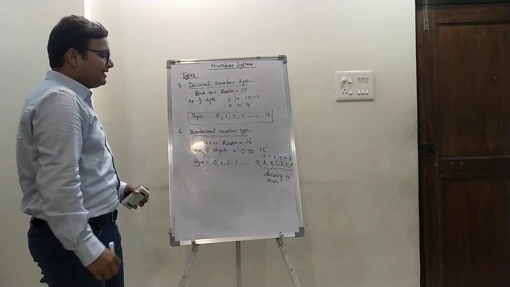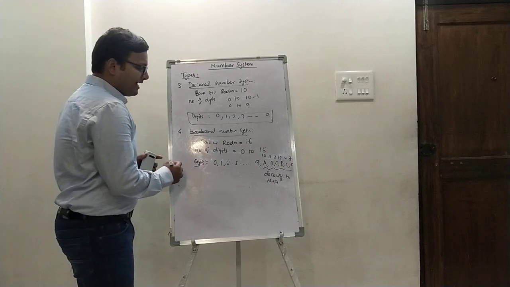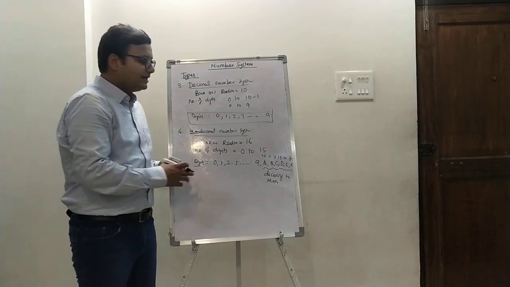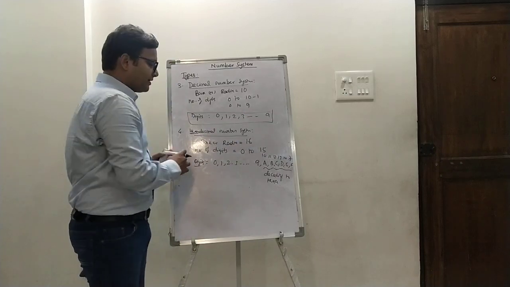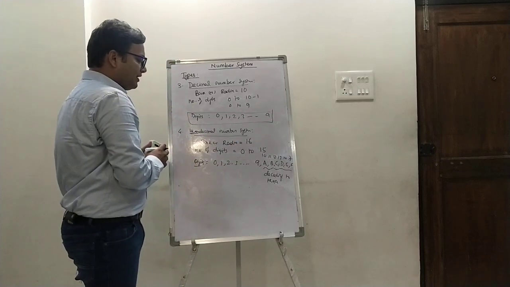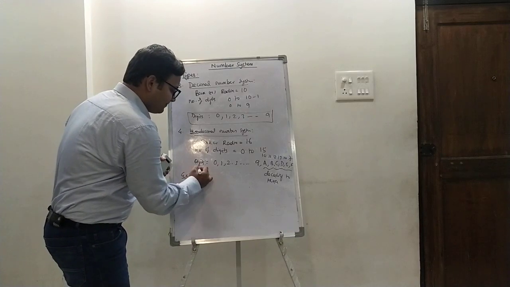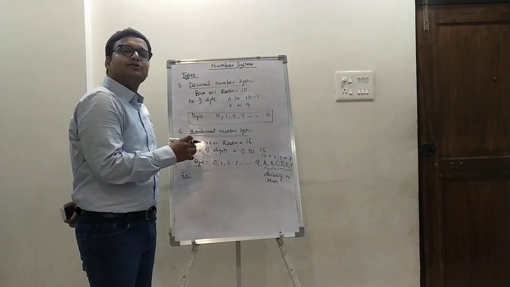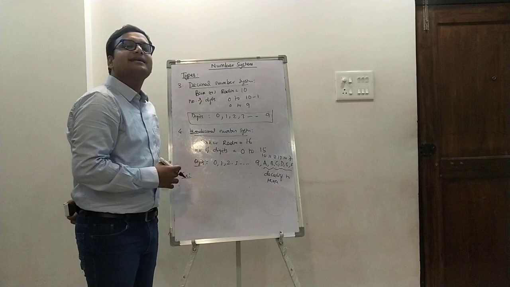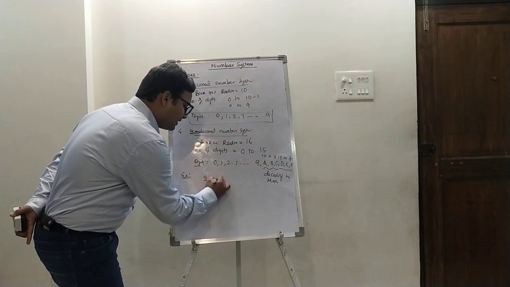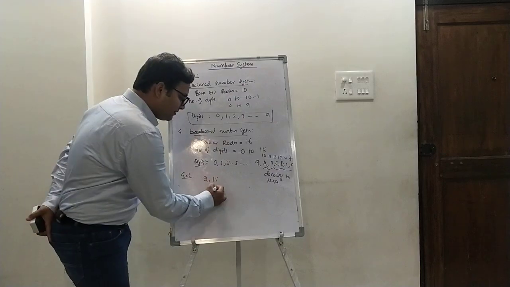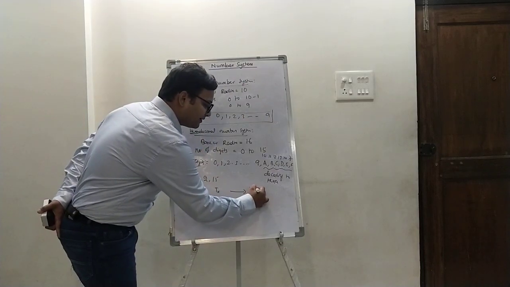So what is this coding mainly? We are going to see why the coding has been done for 10, 11, 12, 13, 14, 15 as A, B, C, D, E, F. Let me give an example. Let's say one has to transfer two hexadecimal digits, 2 and 15, from the transmitter to the receiver.